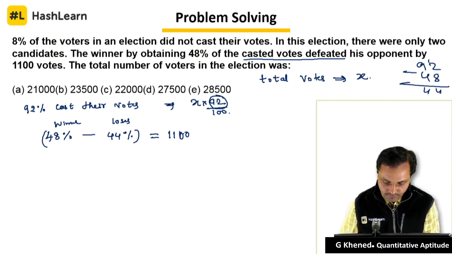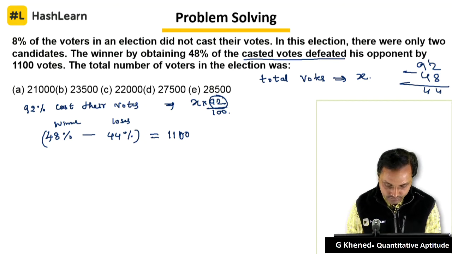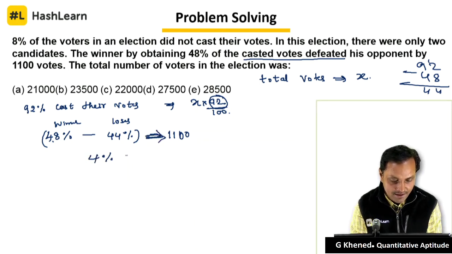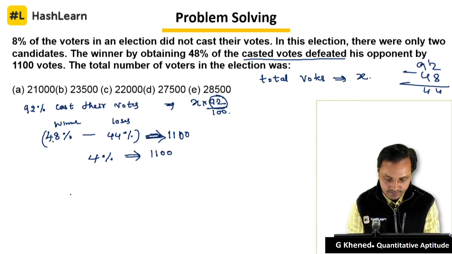So what will be your answer? 48% minus 44% is 4%. Actually better I will represent this as implies: 4% implies 1100.